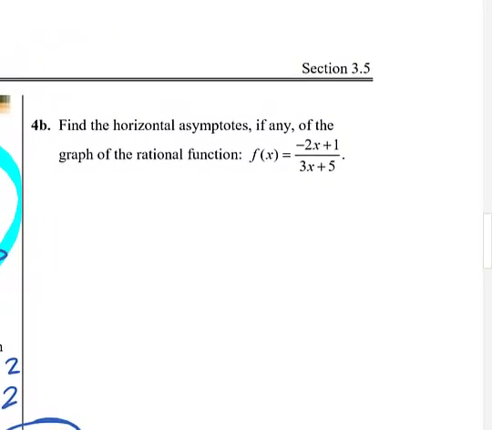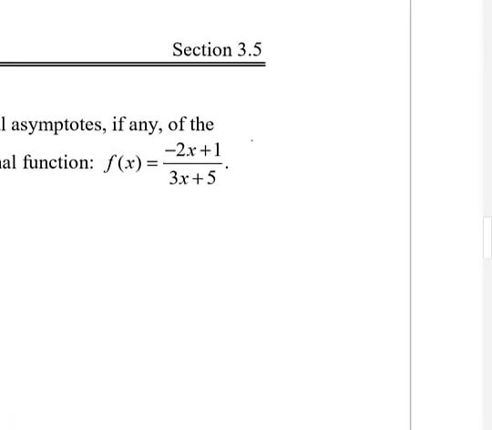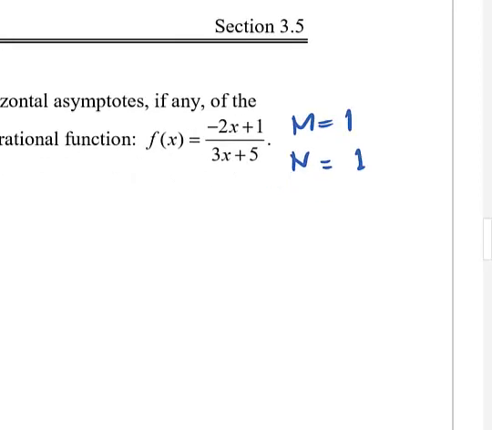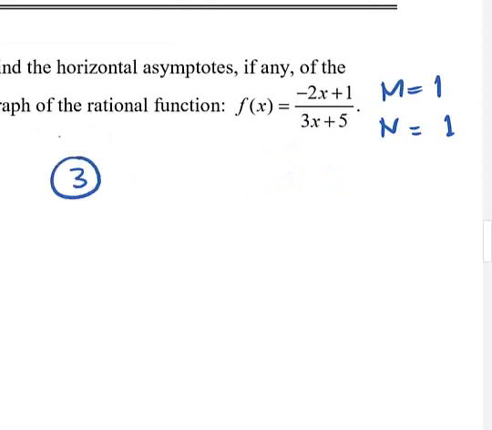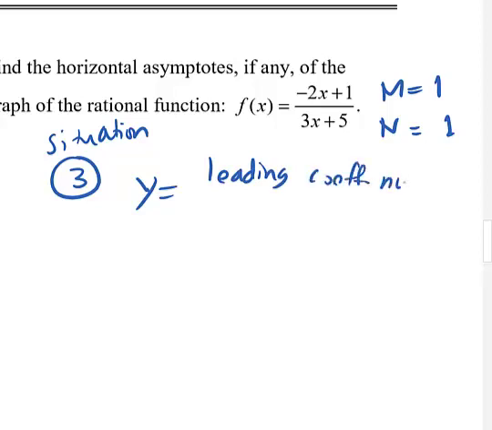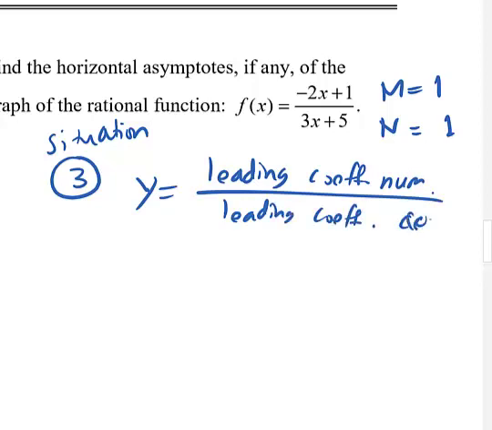And the next one says, find the horizontal asymptotes, if any. This is a similar thing. I have to figure out the degree of the numerator. It looks like the degree of the numerator is 1 because that's the highest power I see, and it's the same in the denominator. So I'm in situation number 3, where the horizontal asymptote is y equals the leading coefficient of the numerator over the leading coefficient of the denominator.